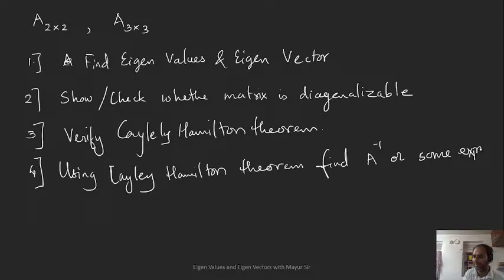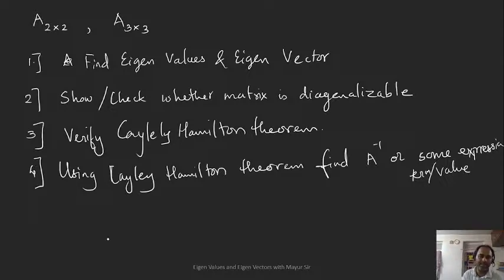They can ask you an expression value or term like that. Show or check whether the matrix is diagonalizable, something like this can be asked. These are the kinds of questions that generally come in the eigenvalue section.